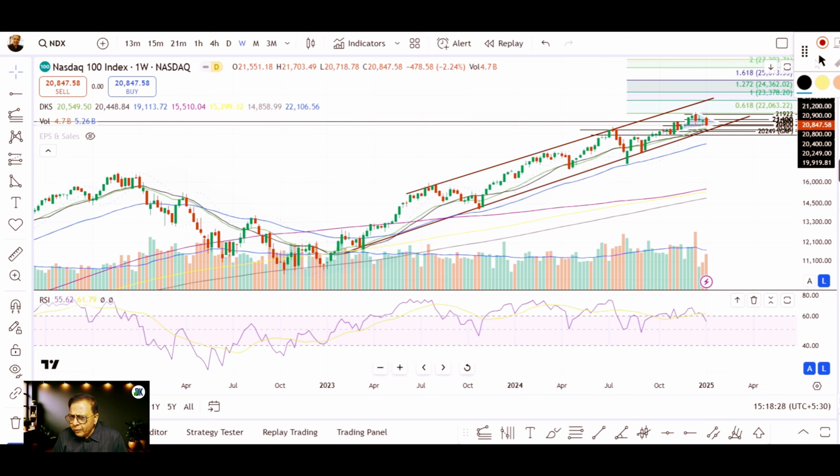Yes, the correction in the last week was unexpected, especially after it formed the bullish pin bar in S&P 500 and Nasdaq 100. If you are trading in the stock market, a piece of advice for you: don't trade unless you learn the technical analysis thoroughly, start understanding the price action, be able to formulate a trading strategy, and do the risk management. We have a complete course absolutely free of cost on this channel.